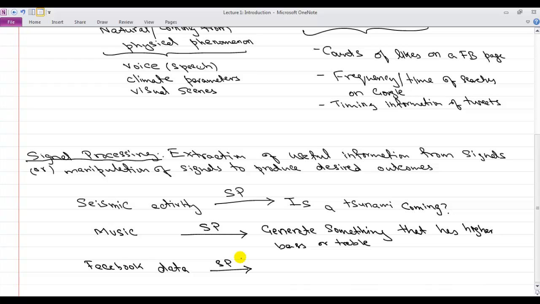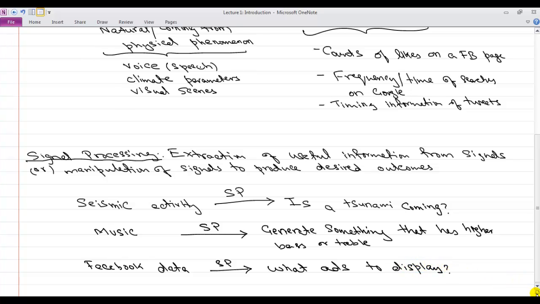What kind of information can you extract out of that? From Facebook's perspective, the question they are trying to ask is, what kind of ads should I display to you? Those ads that will interest you and you will click on them and they will get some money. So for Facebook data, the information that you want to extract is what ads to display to a user.